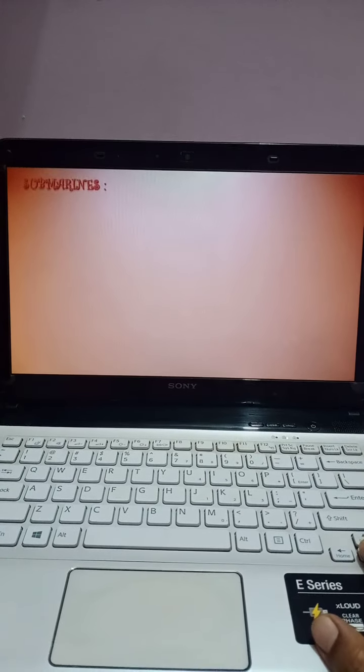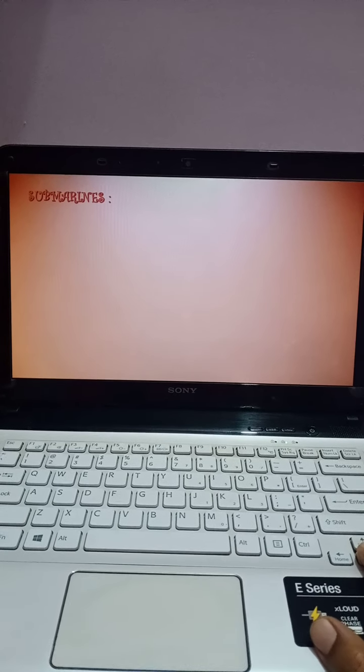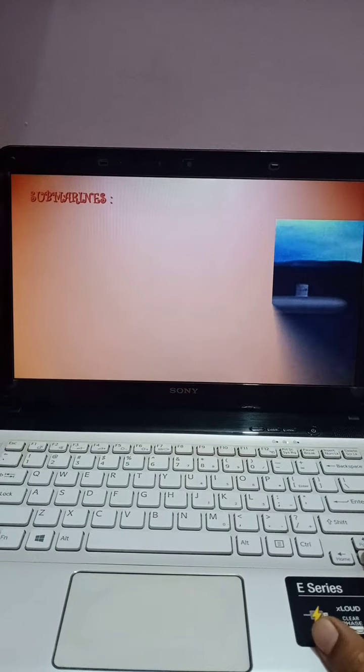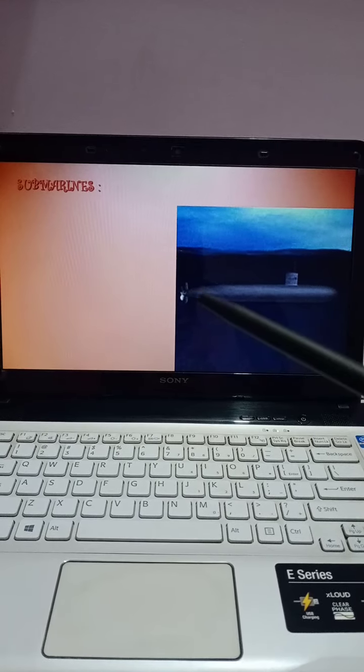Third case, submarines. So in the case of submarines, as you all know, submarines are very well able to float inside the water as well as above the water surface. How does it happen? In this case it has to manage its overall weight.